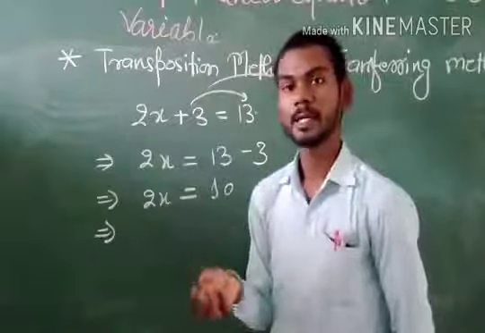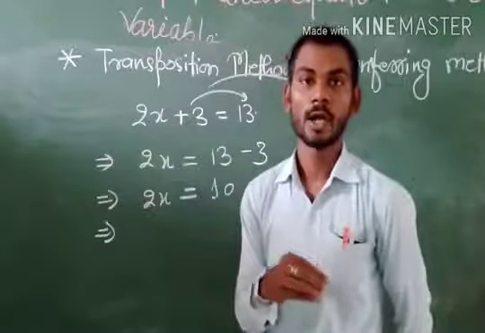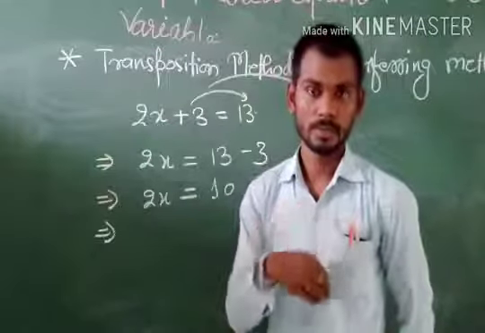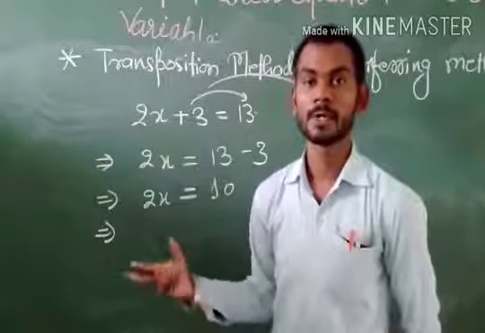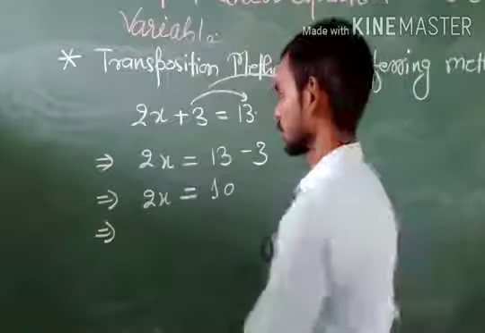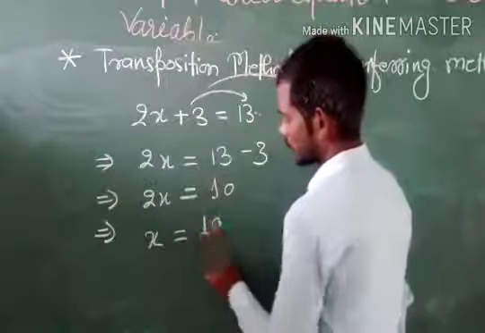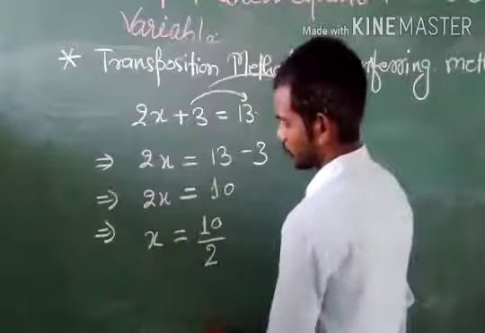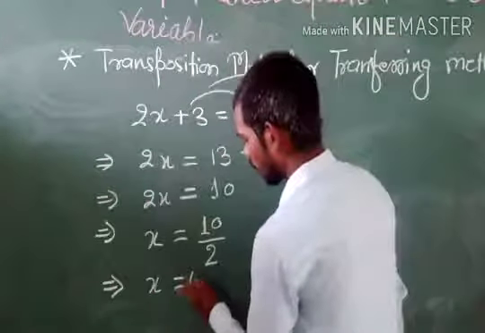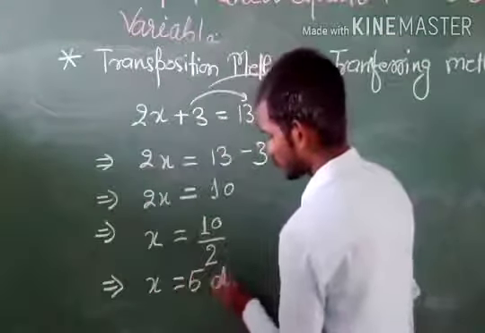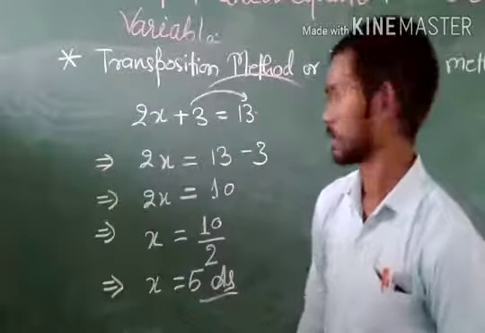As we know that when a multiplier goes to the right hand side or to the left hand side from the right hand side, it becomes divided. So we have x is equal to 10 divided by 2. We get x is equal to 5, which is the required solution of the given question.